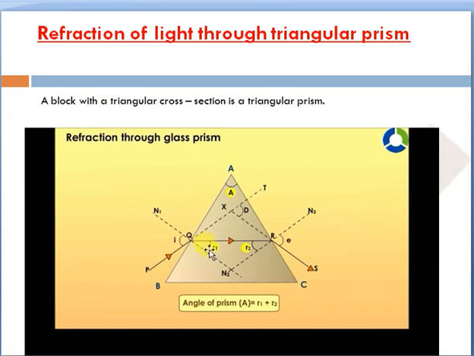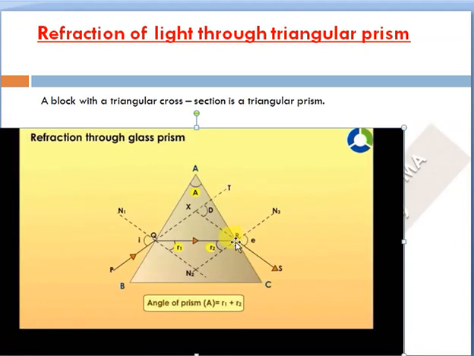Look at my refracted ray, QR. The angle which the refracted ray makes with the normal is the angle of refraction. So here we have the angle of refraction, which we call R1. This is another normal. Now we have another angle here, R2.